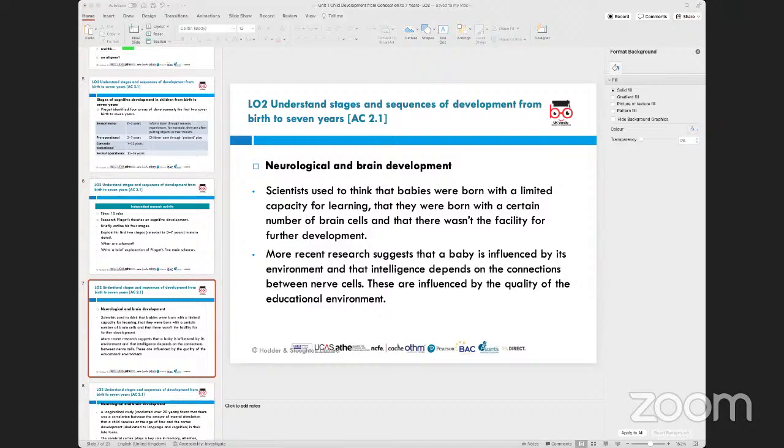When we talk about neurological and brain development, what we are essentially looking at is the skills and development happening primarily from the point of view of the increase in knowledge and the physical growth, which transforms the child, and you'd see physical signs of this on the child's body, which would mean that the weight is increasing and the body structure is increasing.